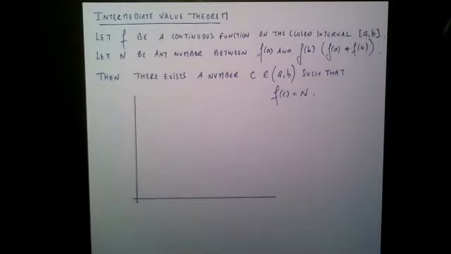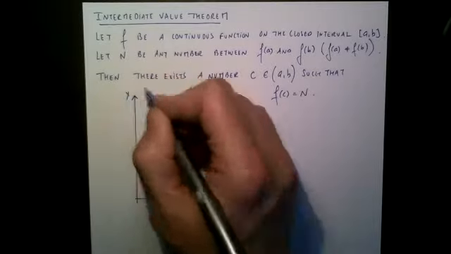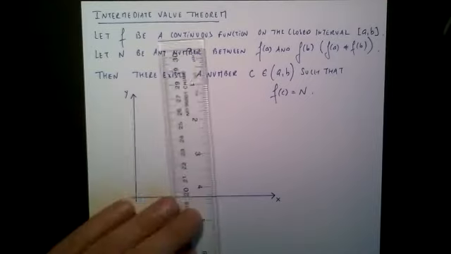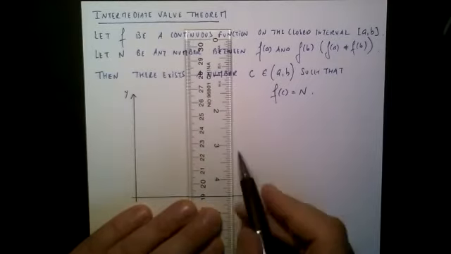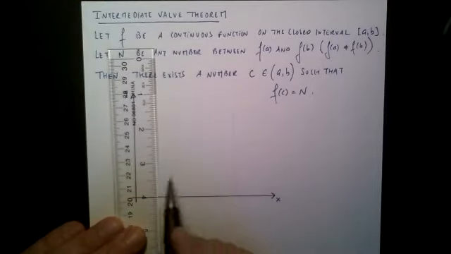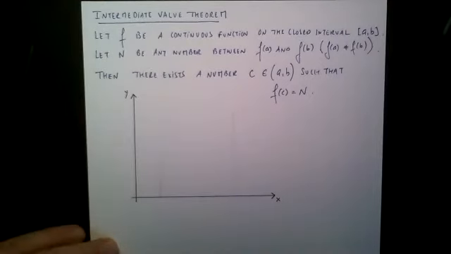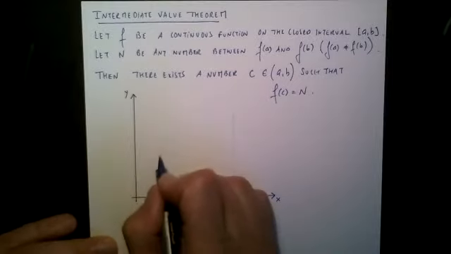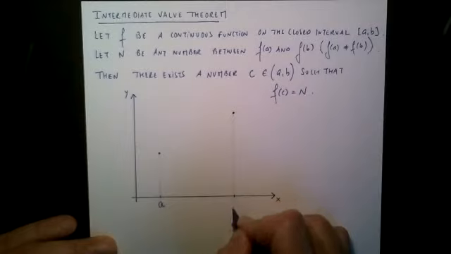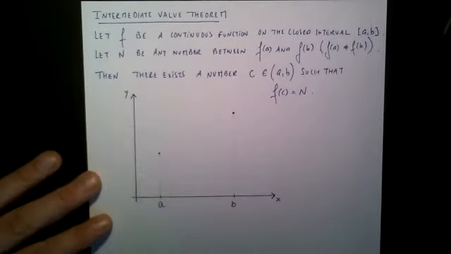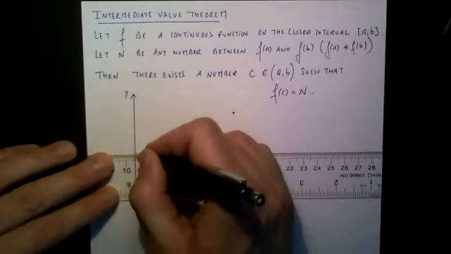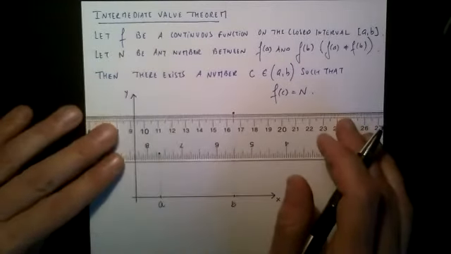Let's see what's going on here. I have a function like this. a, b, of course, this here is f of a, and this will be f of b.